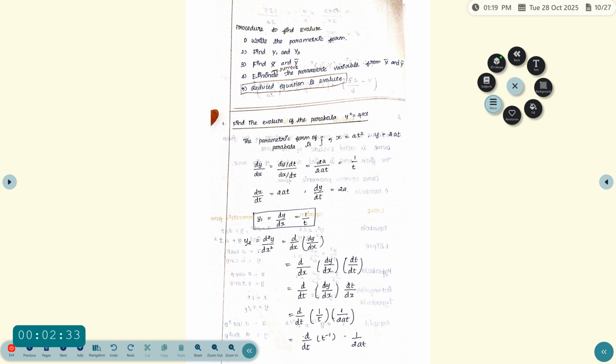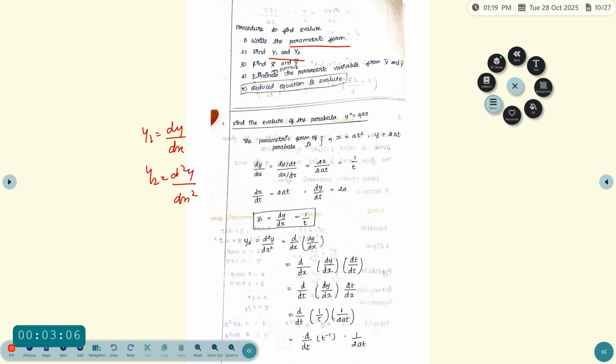There are some procedures. The first one is to write the parametric equation for the given concerned curve. Whatever may be the curve, we have to write the parametric equation. The second step is to find y1 and y2, where y1 is dy by dx and y2 is d square y by dx square.